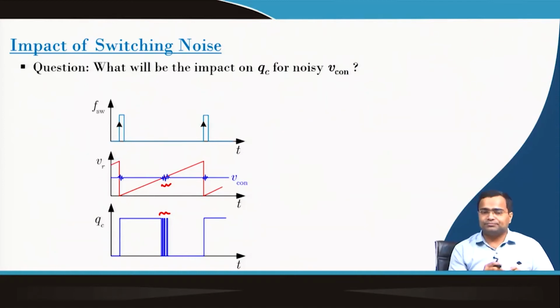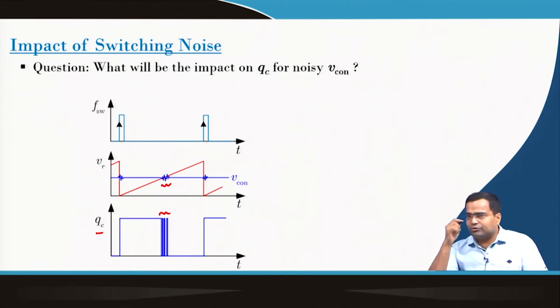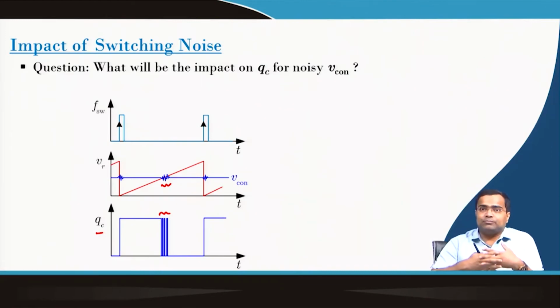Such a comparator output should not be used as the gate signal of the MOSFET, because if you try to turn the MOSFET on and off at such a high rate, first of all it may not be able to respond, because each MOSFET has a slew rate limit, a finite rise time and fall time, so it cannot be turned on immediately.